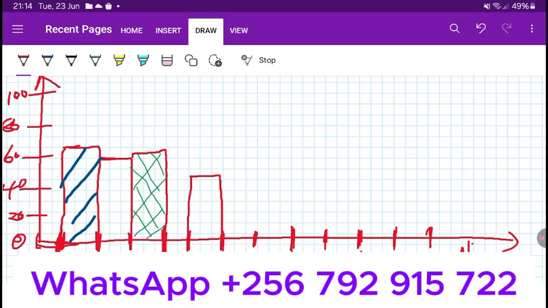Then for 2010, it is 75. Let's assume the 75 is around here. Then we do the same for the last year, 2010, that is, it is a 70. You can assume the 70 is around there. Then you do the shading.